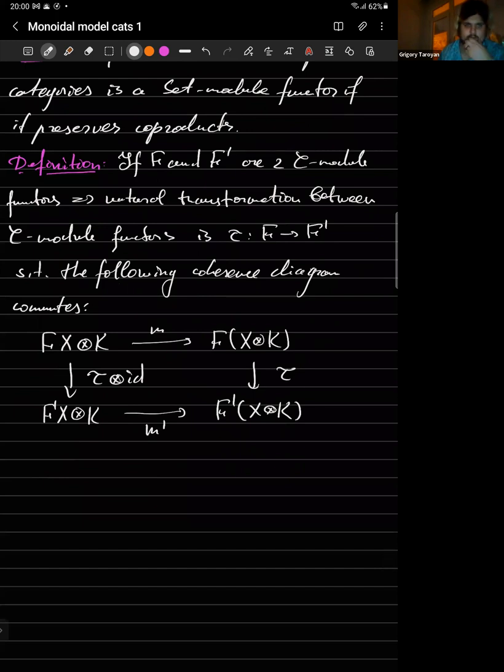Now, let me give a definition of an algebra over a monoidal category.